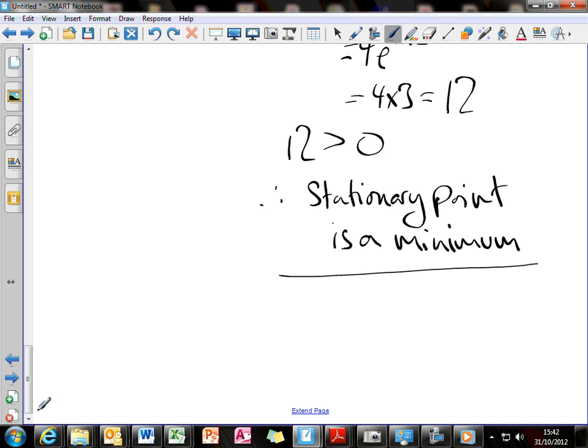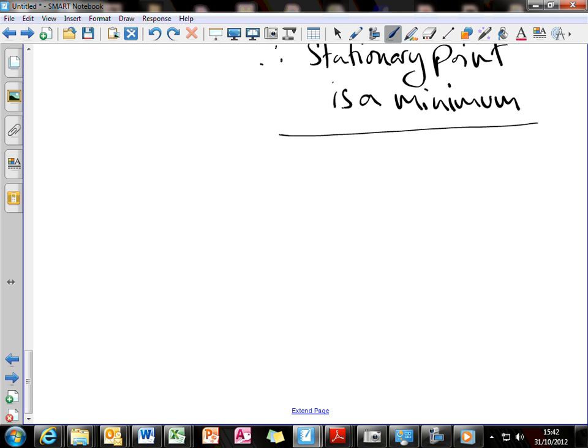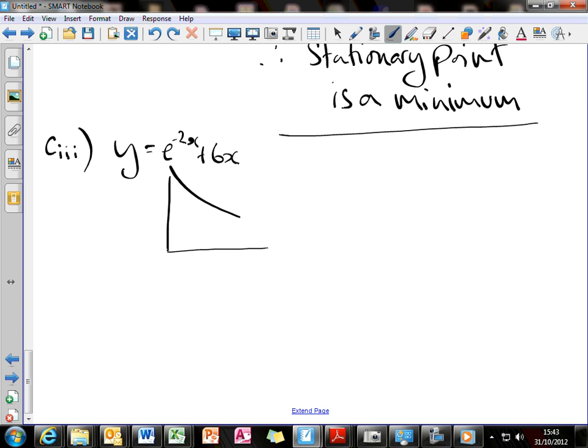Let's just move down a little bit. So this is part C, part 3. The curve we're looking at is the same curve from before, e^(-2x) + 6x, and we're looking at the volume between 0 and 1.